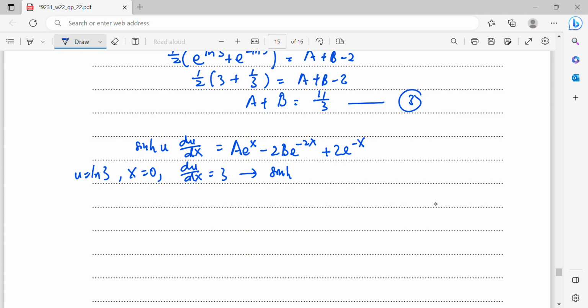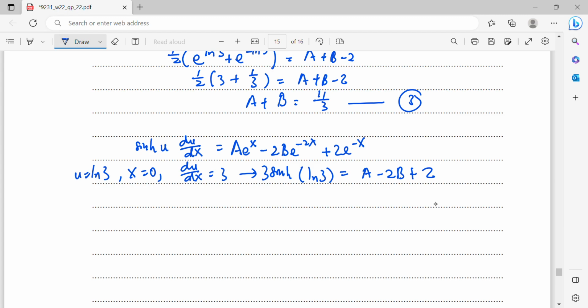So now sin(ln 3). du/dx is 3, so another 3 here. That equals, x is 0, so A - 2B + 2 on the right hand side.